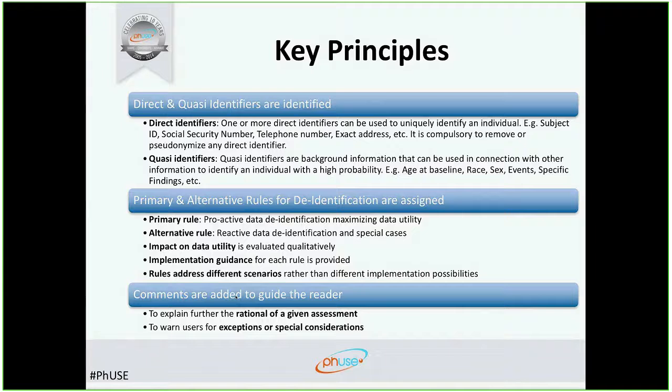For every quasi-identifier and direct identifier, we've been suggesting a primary rule and an alternative rule. The primary rule is more suited for proactive data identification, where you don't know what the request is about and you will try to maximize data utility. The alternative rule is often more suited for reactive data identification and special cases. We also tried again to assess the impact on data utility and also provide some implementation guidance when required.